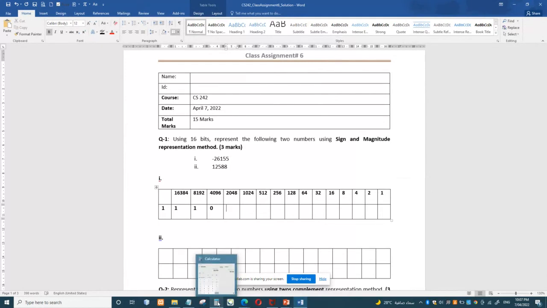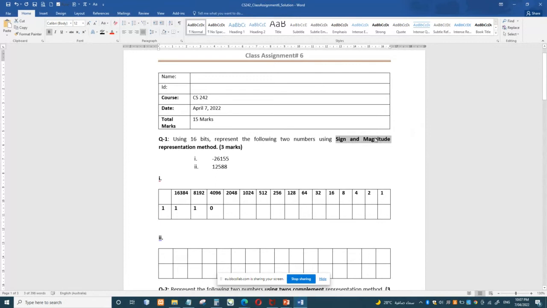Any question? Anyone wants to ask? Hello, Doctor. The first one on the left is for the sign, because the method that we are going to implement here is sign and magnitude. And you know that in sign and magnitude, you have to always use the leftmost bit as a sign bit.